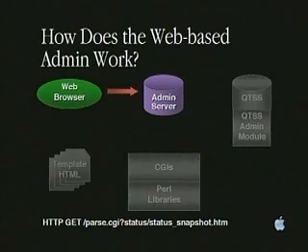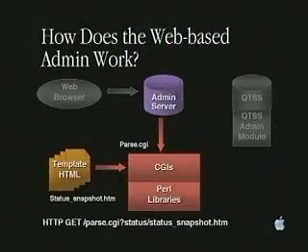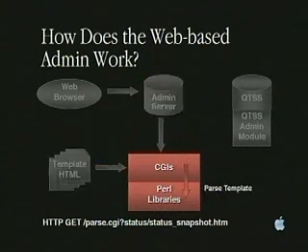Now, how does the web-based admin work? What happens when you actually get an HTTP request? It's very similar to a regular web server, because when a request comes in, it looks for the file, and in this case, it's a CGI, so it executes a CGI. The CGI looks for the template HTML file, whose file name is passed in as the argument to it.